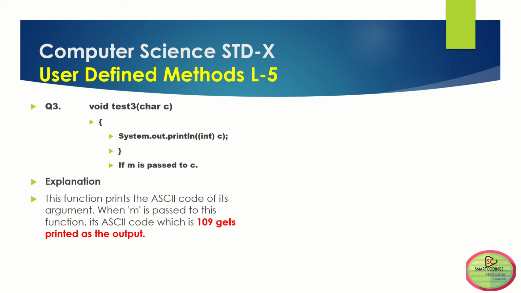So when m is passed to c, the ASCII code of this m is being printed. As you can see, students, it will cast it to integer type, because the explicit casting is done here, and that's why it is printing the integer type number, that is 109.